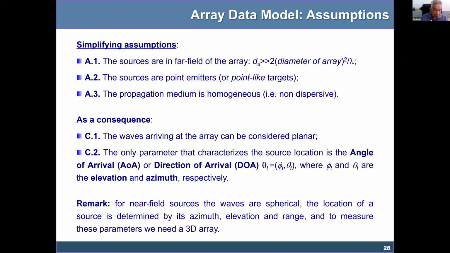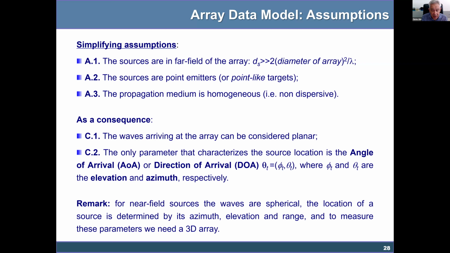The range you have seen with, I don't know if you attended the course of Professor Greco last week. If you have an active radar, you can estimate the range of a target by estimating the time of arrival of the reflected signal. But in a passive scenario, because you don't know when the signal is transmitted, even if you estimate the time of arrival, you can't estimate the distance of the target.